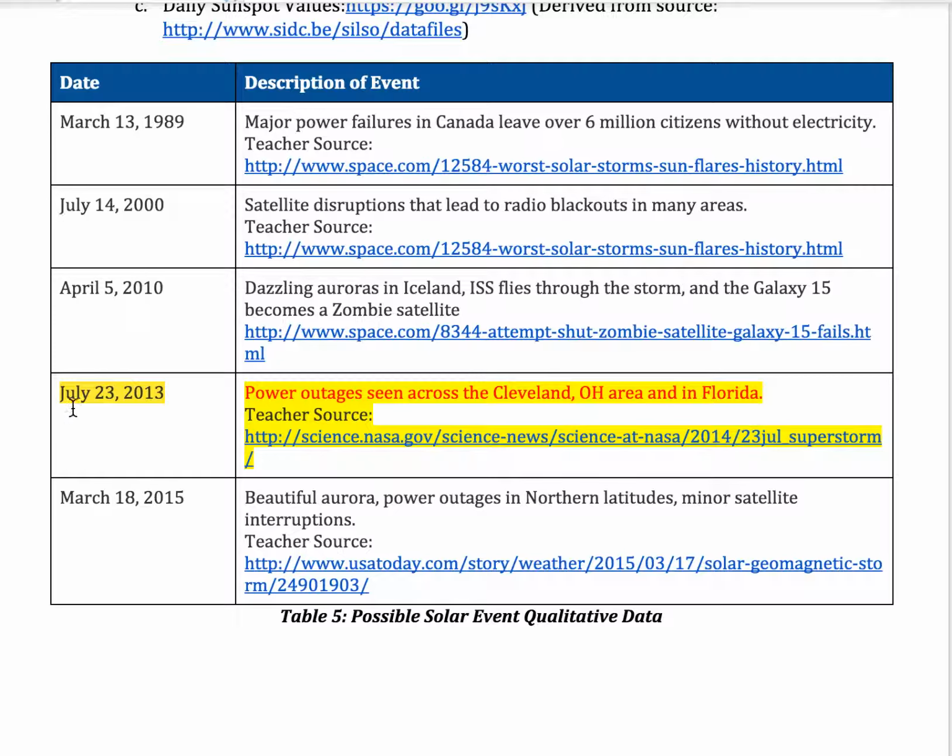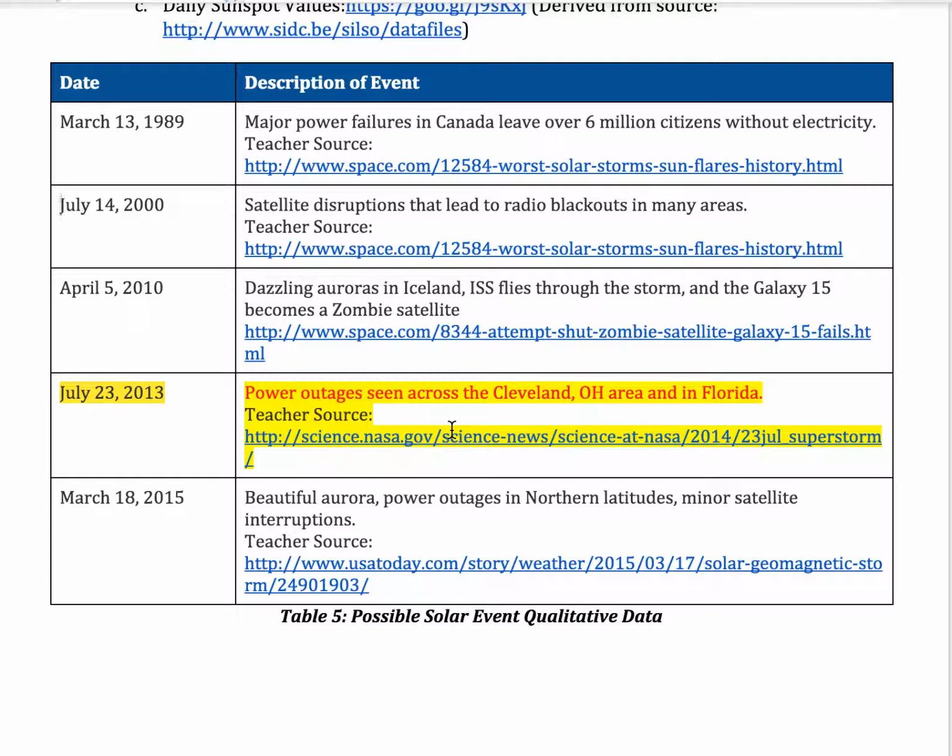And what they will find is that when they get to the July 23rd event, they will not see that there is any activity actually that was seen here on Earth. Now actually this was a major solar event that occurred, but it was a miss. The coronal mass ejection didn't actually hit the Earth.